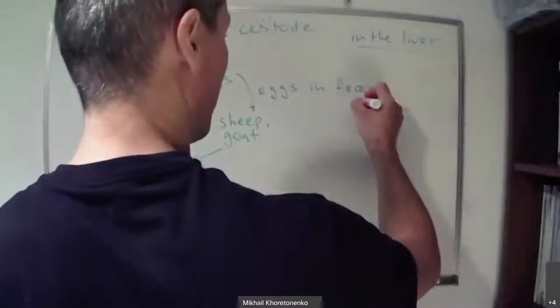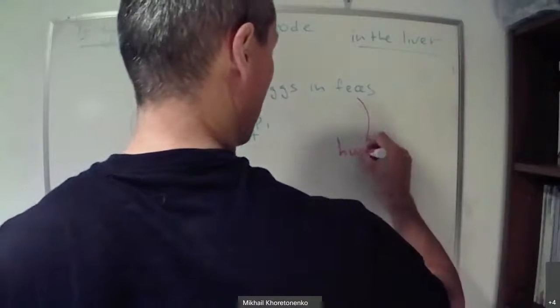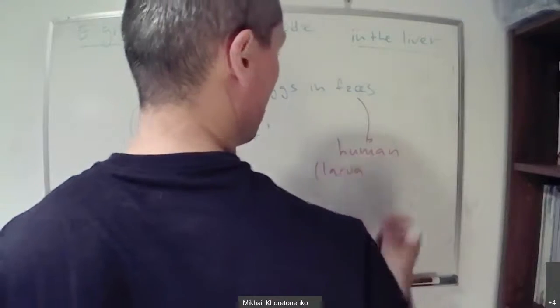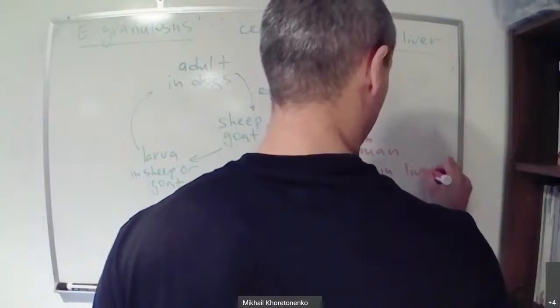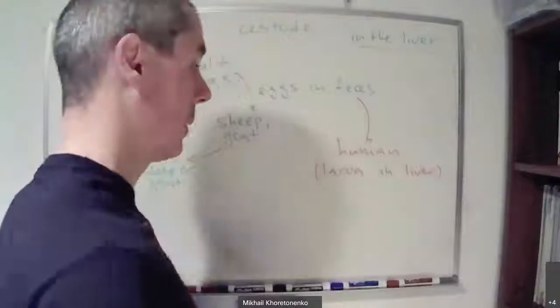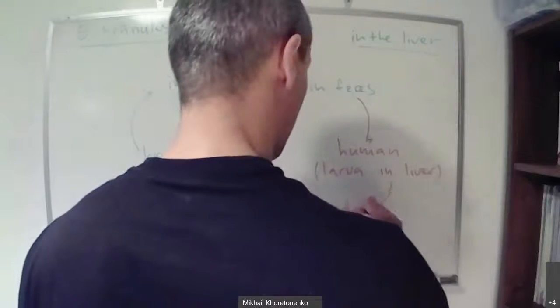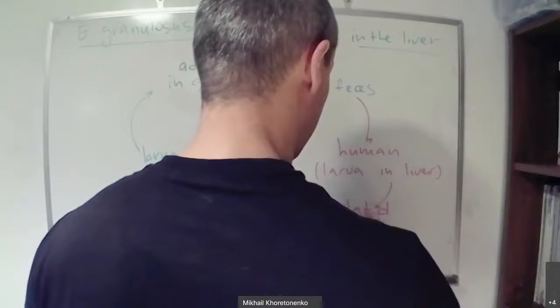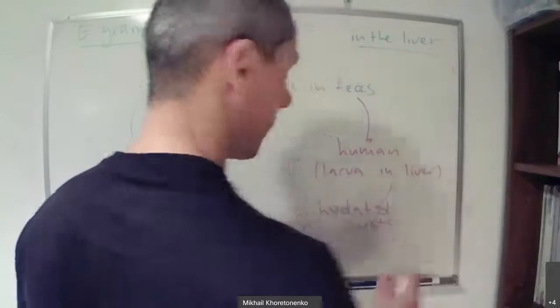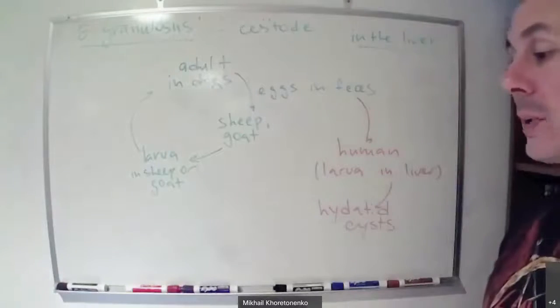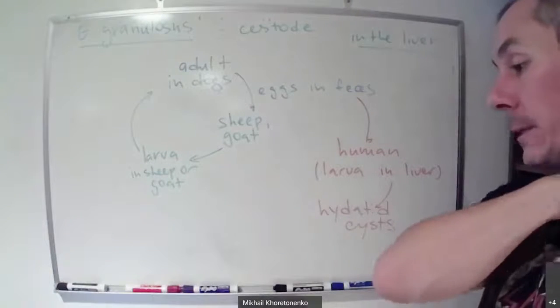And eggs can get in a human, leading to larvae being in the liver. Okay? And that will lead to so-called hydatid cysts in the liver. Cysts filled with fluid where echinococcal larvae float. So far, does that make sense?